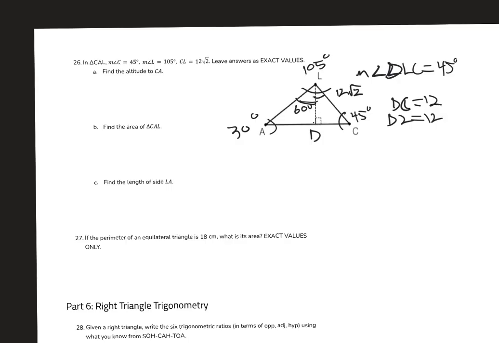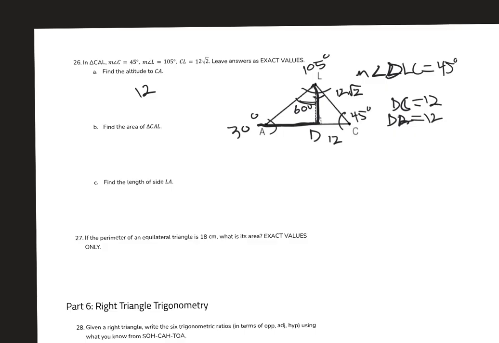Well, that means that the altitude to CA, which would be LD, is 12, so this would be 12. The area of triangle CAL, this is the whole triangle. We need to figure out the length of this thing here. And again, we also know that this is 12.